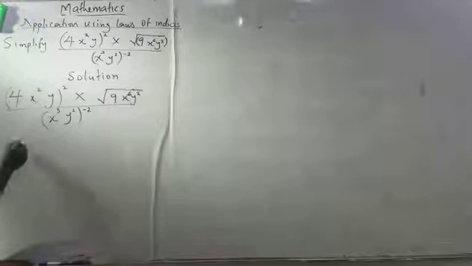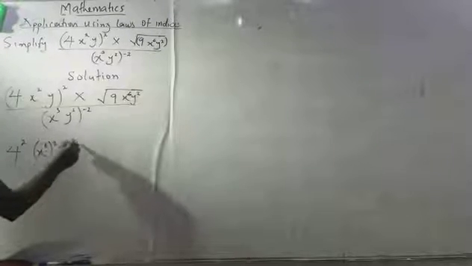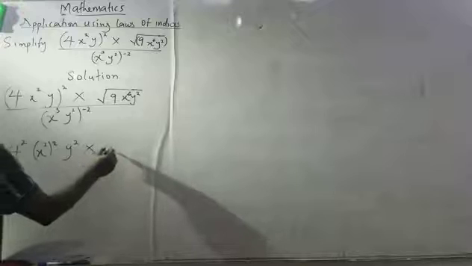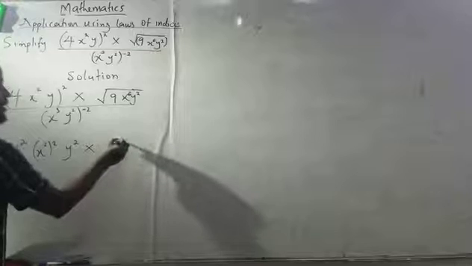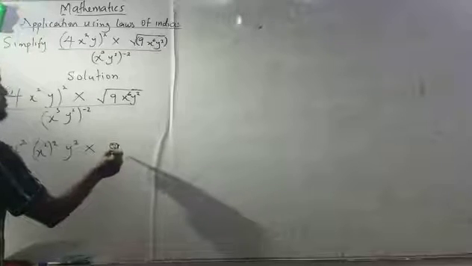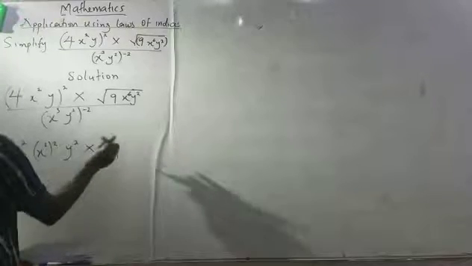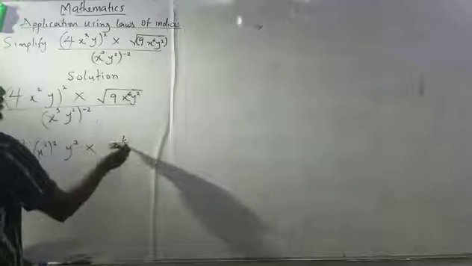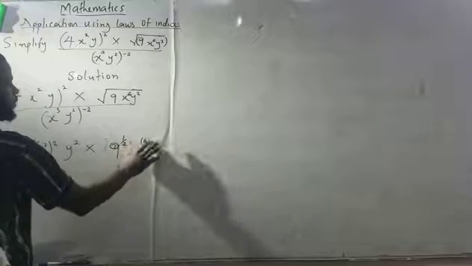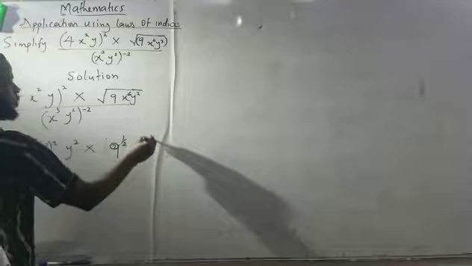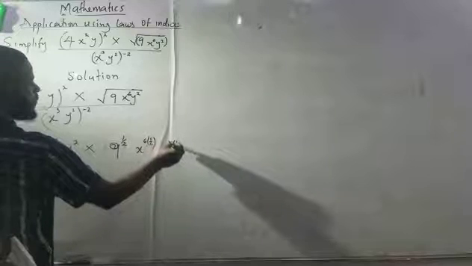Now, I can say 2 raised to power 2, x^2, y^2, multiplied by the root of 9, and instead of writing the root, I can write it in form of 1 all over 2: x^(6·1/2) and y^(2·1/2).